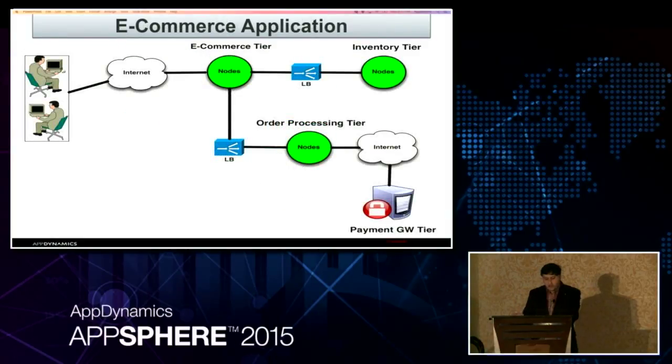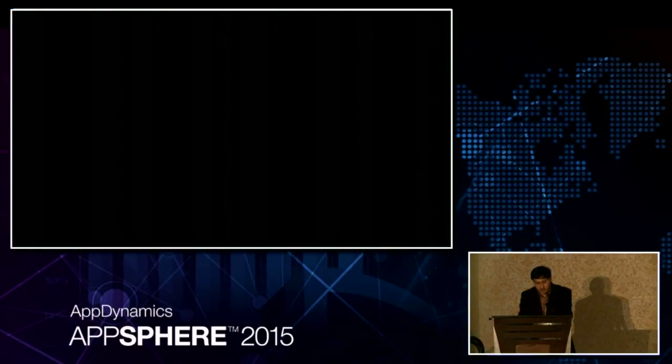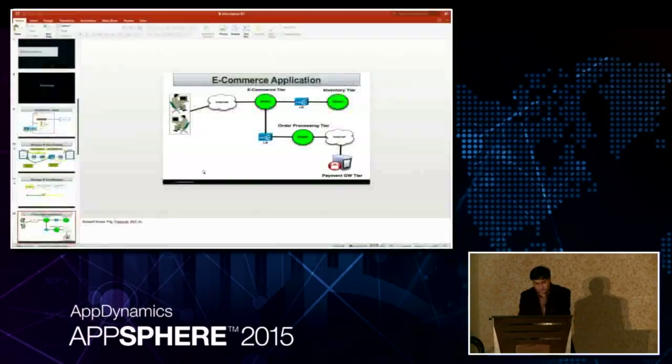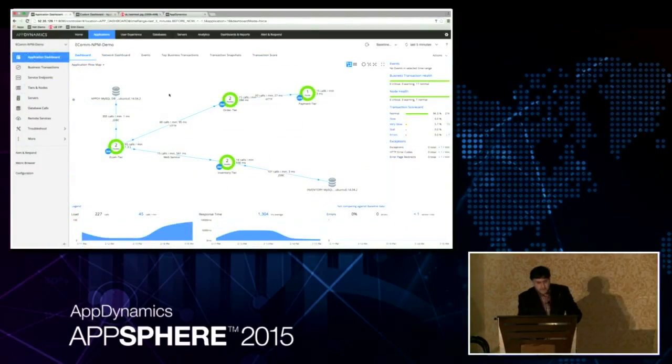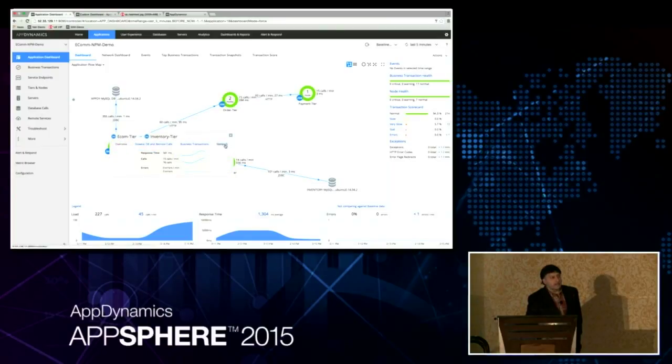So I want to give you a quick tour of that product. This is another e-commerce application which is multi-tier, and you're all too familiar with application flow maps. What we have added is the capability to click on one of these links, and a new tab shows up called network.